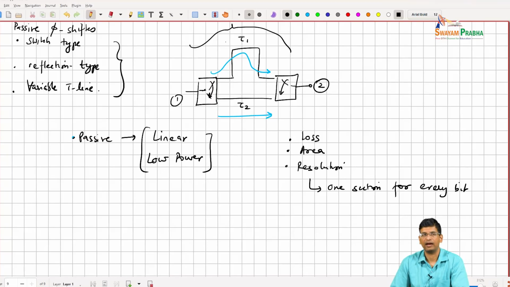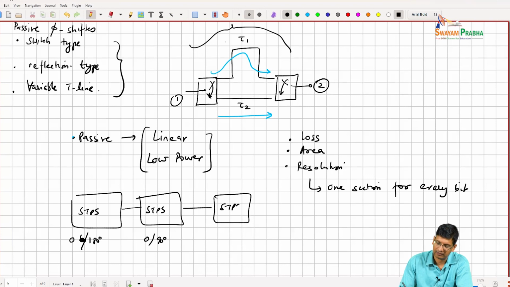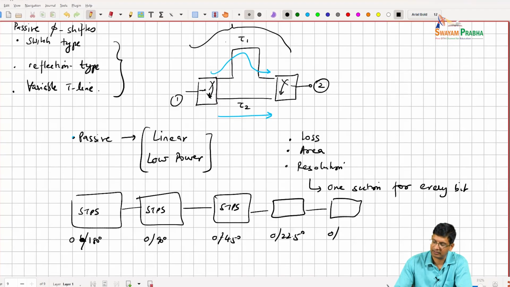So if I have a multi-bit design, if I call this one STPS, there has to be an STPS that maybe does a 0 or 180 degrees switch. Then another STPS that does 0 or 90 degrees, another that does 0 or 45 degrees, one that gets to 0 or 22.5 degrees. So now I've got myself a 5-bit phase shifter.